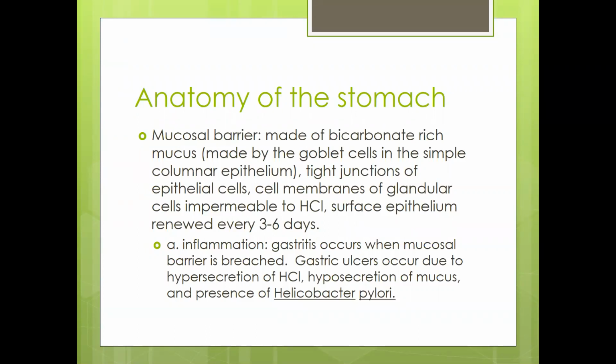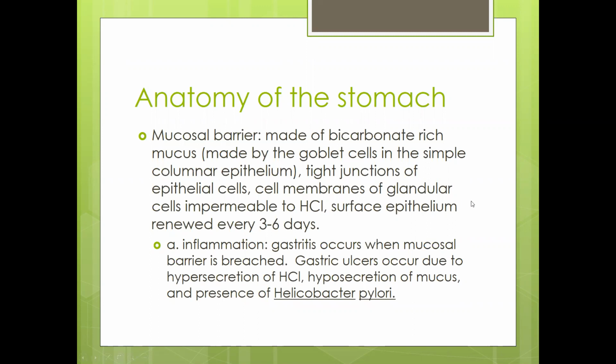The second reason why the stomach can resist that acidic environment, in addition to the mucus, are the tight junctions of the epithelial cells. So it's really important that we have a continuous simple columnar epithelial lining within the stomach. The cell membranes of the glandular cells are impermeable to hydrochloric acid, so they're not going to break down.